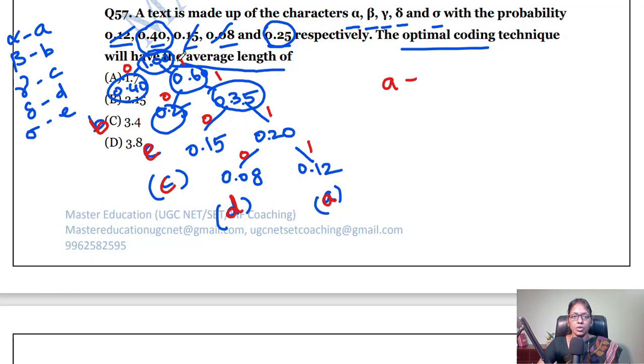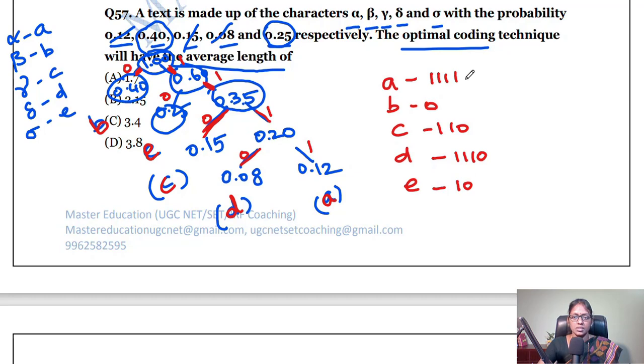The root is always 1.00. A's code is 1 1 1 1, B's code is 0, C's code is 1 1 0, D's code is 1 1 1 0, and E's code is 1 0.